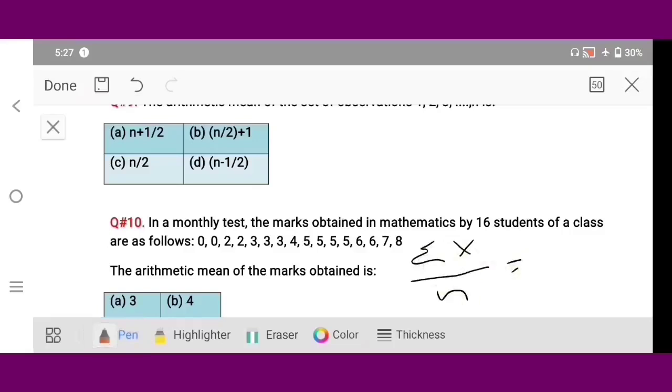If we add the values, it's easy, you can do it by yourself. So the sum of values is 64 and the given number is 16 and the answer is 4. So our correct option is B.